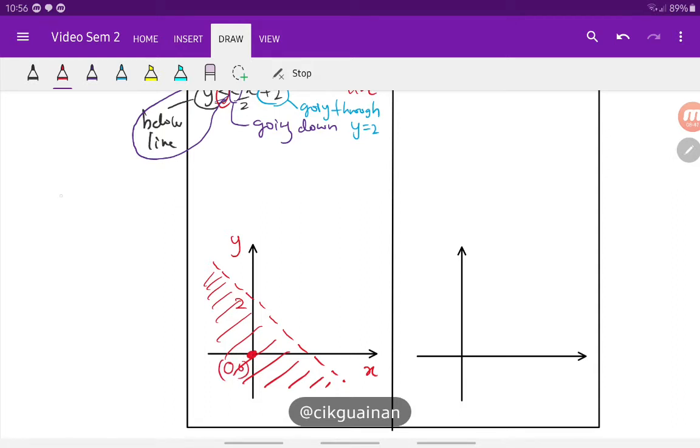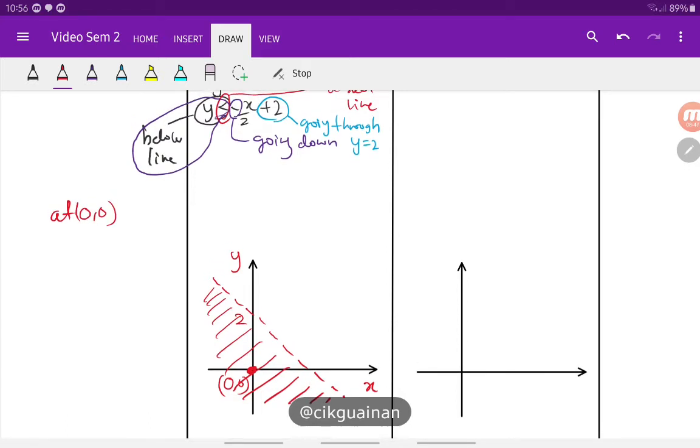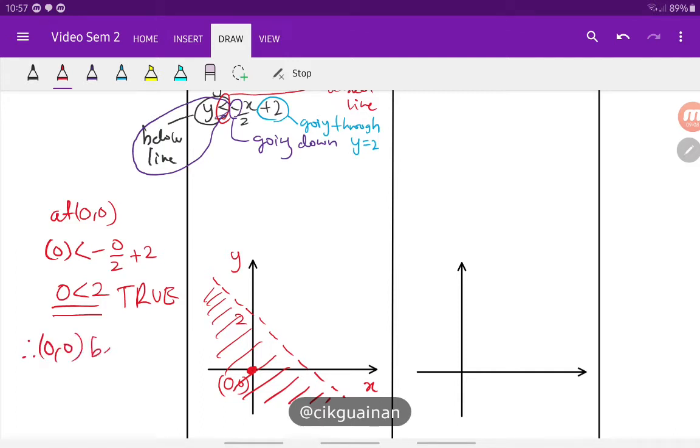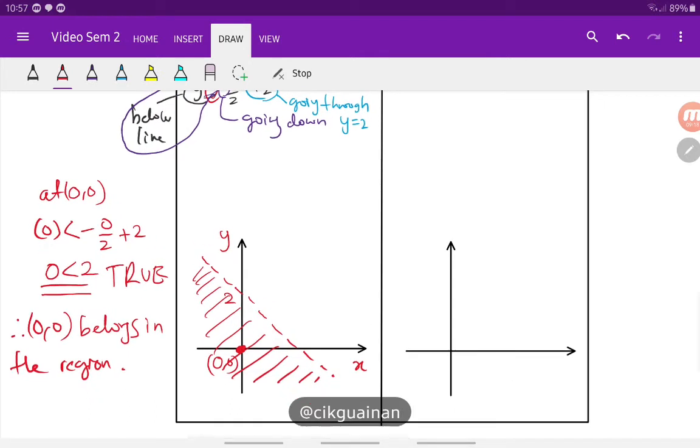At the origin, we test the statement: y is 0, less than minus 0 over 2 plus 2. So 0 less than 2. Is this true? This one is true. What does it mean if it's true? It means that (0, 0), the origin, belongs in the region, or what we call the feasible region. So the region goes down there.